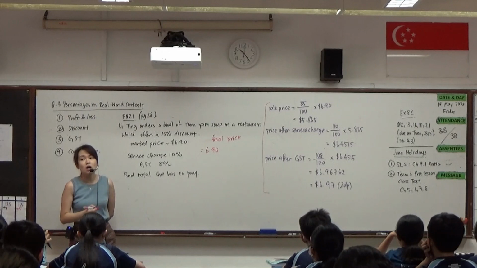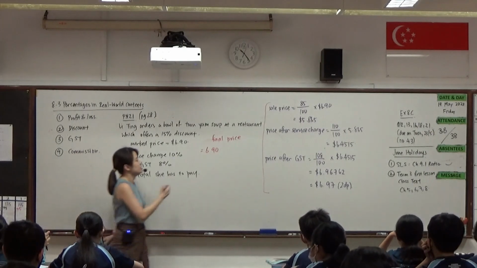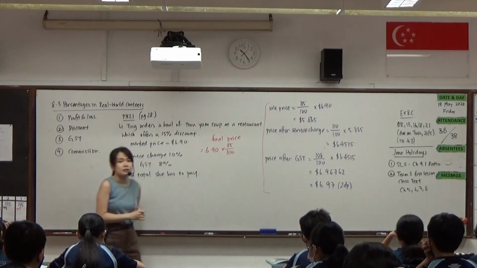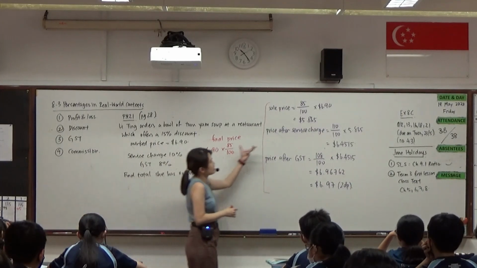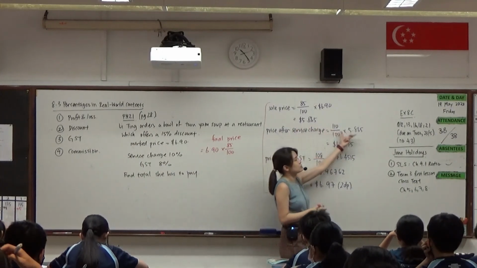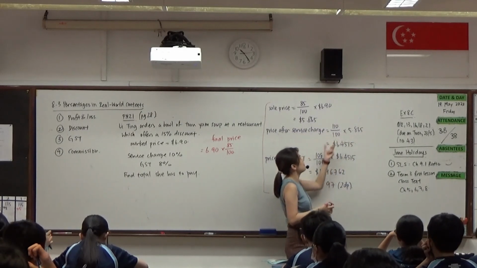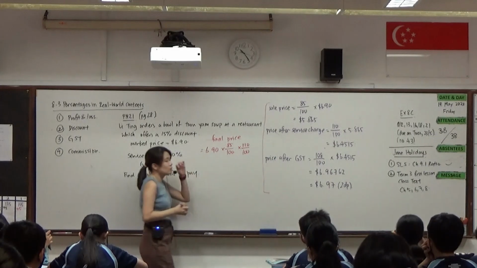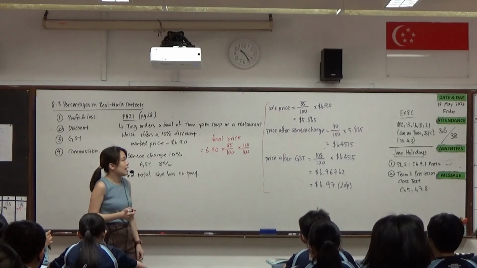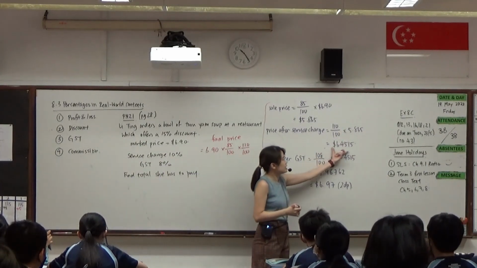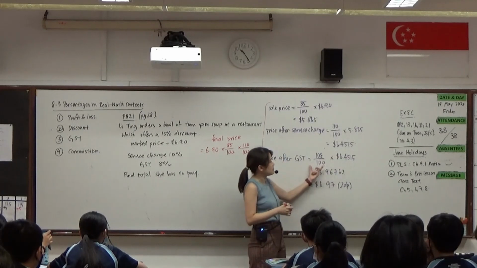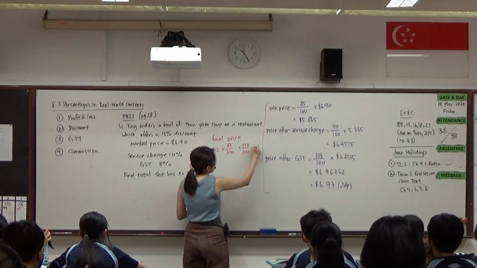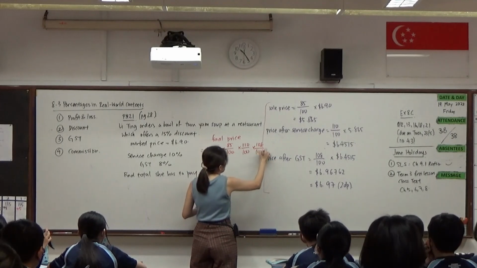Then we need to consider the discount. That's why we times 85 over 100. This amount is actually your 5.865, which is over here. We then multiply with another 110% to include the service charge. And then we get this amount, and this amount is multiplied with 108% because of the GST.